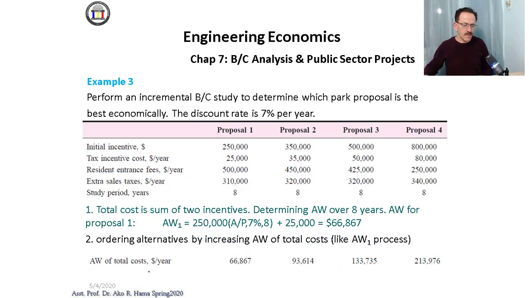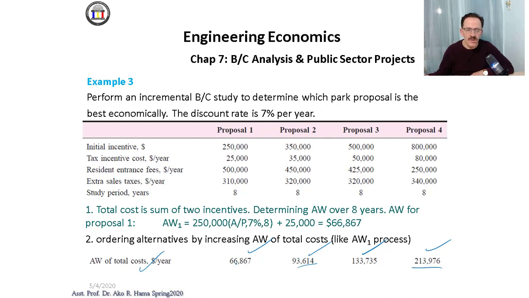So annual worth for the first is 66,000, for the second one is 93,000, for the third one is 133,000, and for the last one is 213,971.